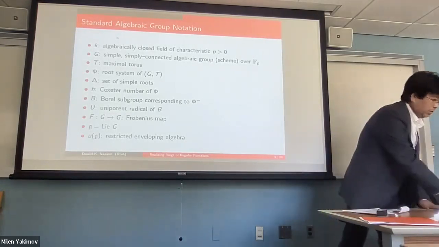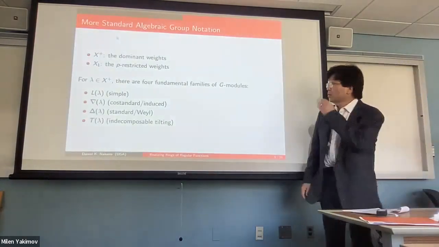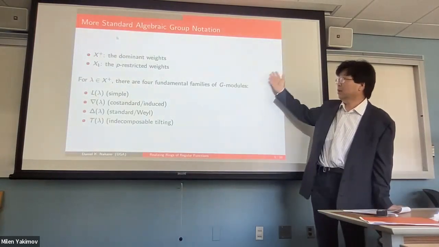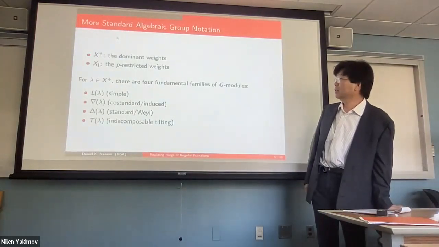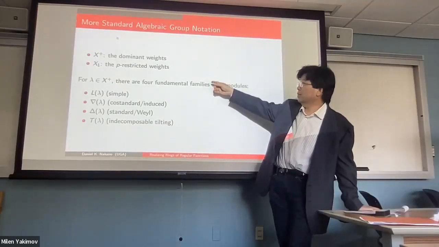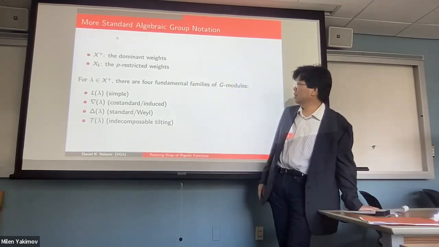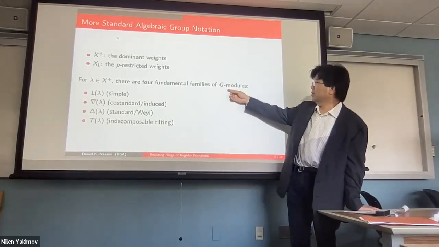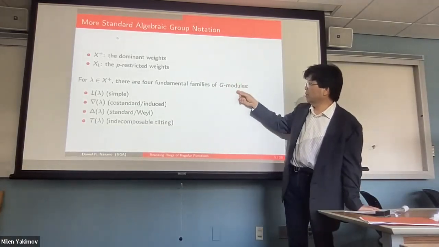All right, so just a little bit more terminology. We have the dominant weights, which classify the irreducible representations. You also look at the p-restricted weights, which classify the irreducible representations for little u of g. And you want to classify the representations for the algebraic group over here.